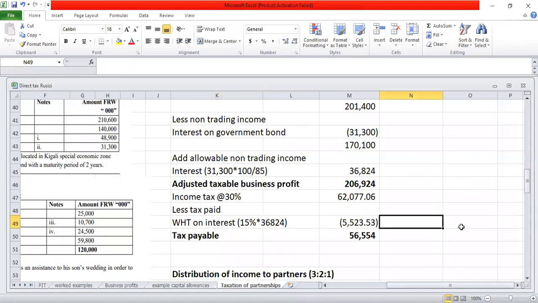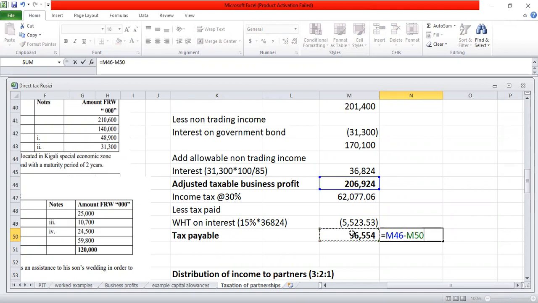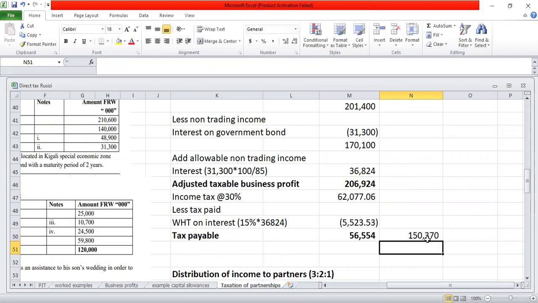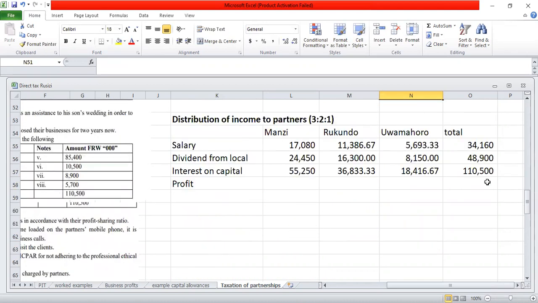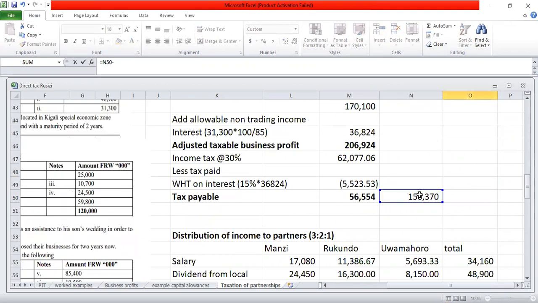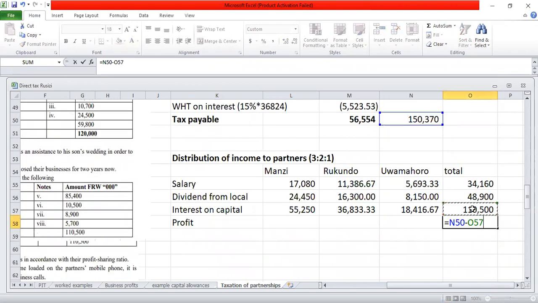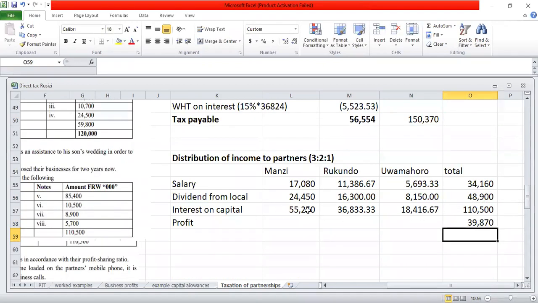The total after getting the tax, it's going to be, if I put this, minus the tax paid, which is this. So the total profit is 110, but this 110 includes this one. So I'm getting this one minus what they have already said. That's the profit they are going to share.